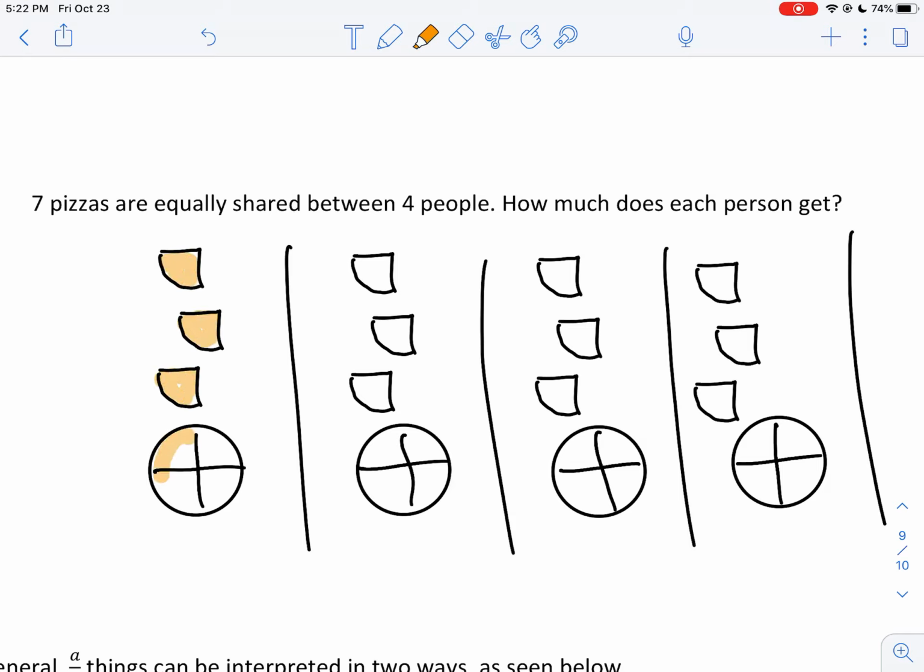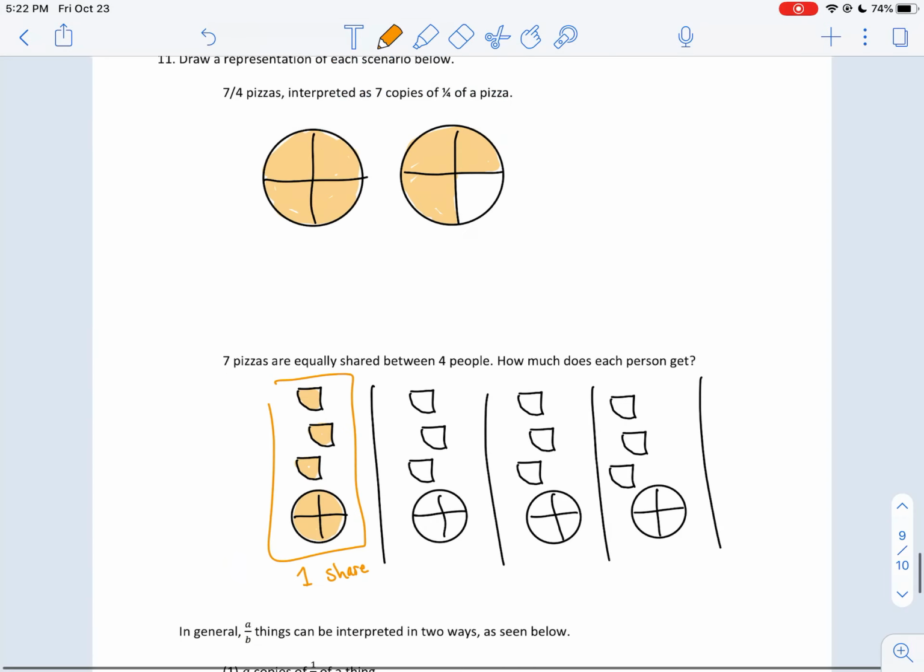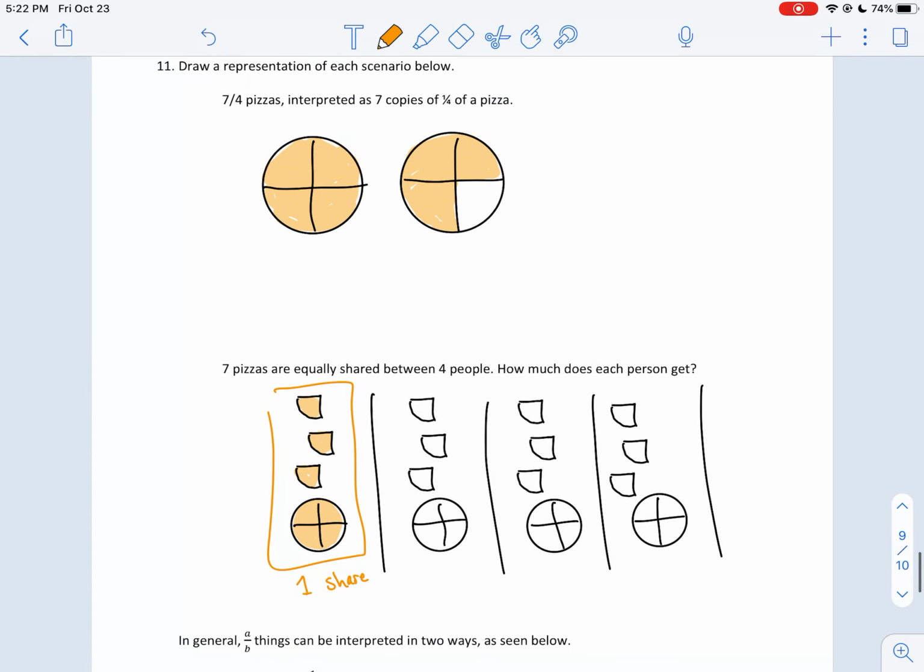So if I were to shade how much pizza each kid gets, I'm going to shade the pizza for one of the kids, and there's a share right here. We'll call this 1 share. That's how much each kid gets. Well, notice how that compares to just doing 7 1/4.